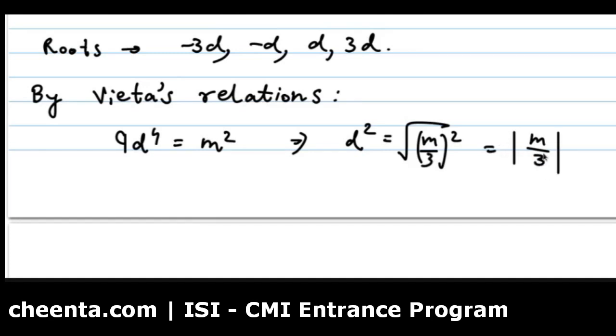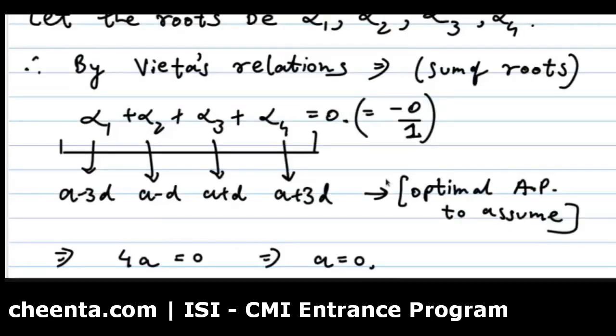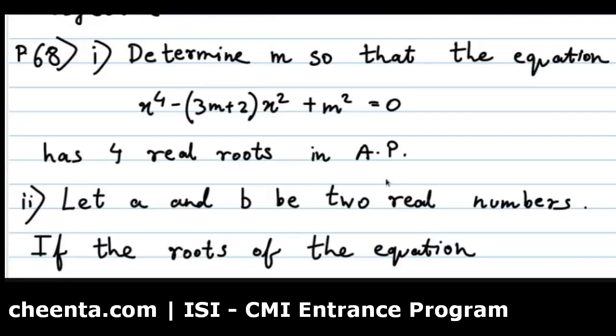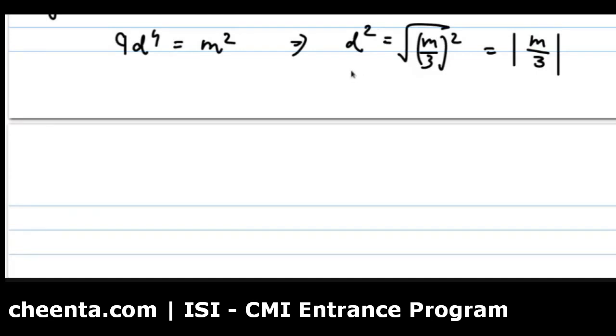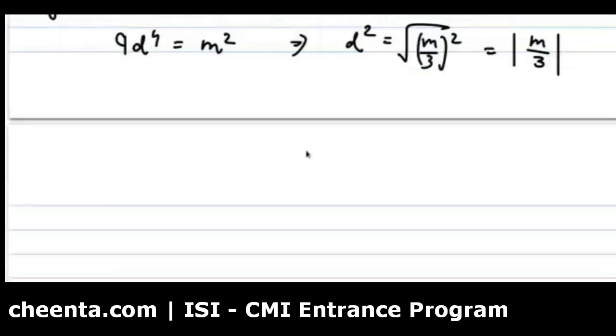Now, this is a part where people are likely to make mistakes. People are likely to assume that d squared equals just m by 3, but nowhere in the question has it been given that m is positive or negative. So we have to take mod m by 3, because the LHS, d squared, is non-negative.